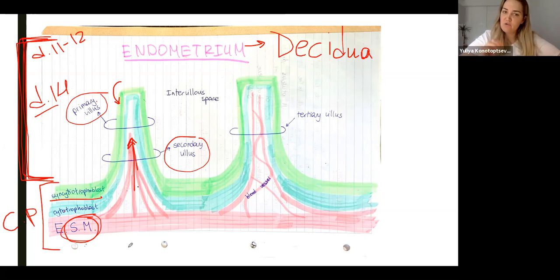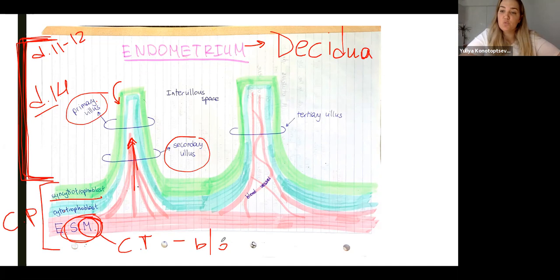For the rest of your life, I want you to remember one thing. Whenever you see the word mesoderm, it's such a broad tissue. It can give rise to so many different things. Today, we're going to see that we have so many different mesoderms. But the two things that mesoderm always gives rise to is connective tissue and blood vessels.